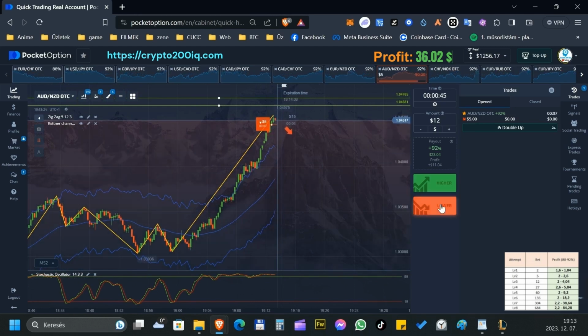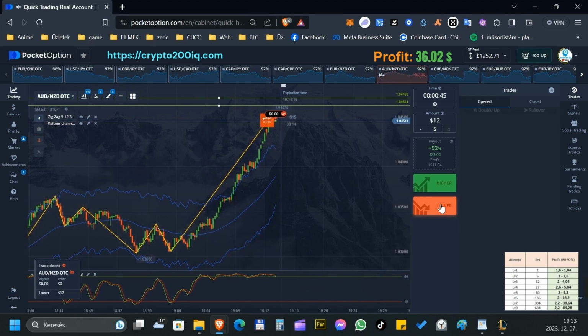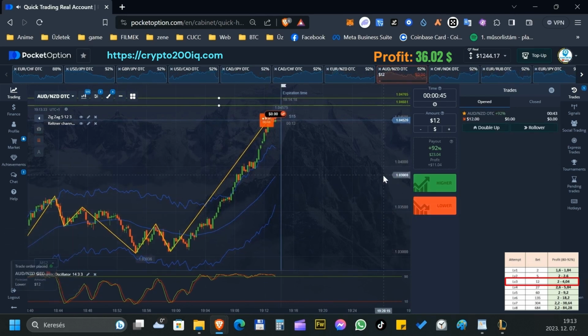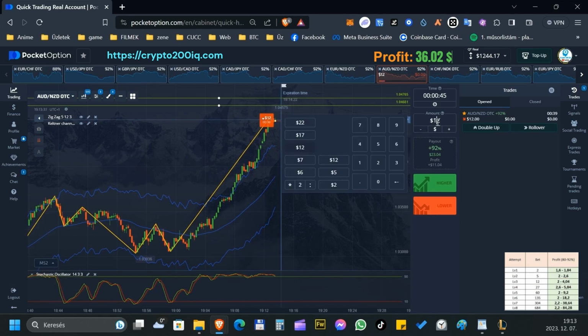This is a huge upward ride, it's definitely going to turn back. And we're preparing for the next bet, it might continue as well.